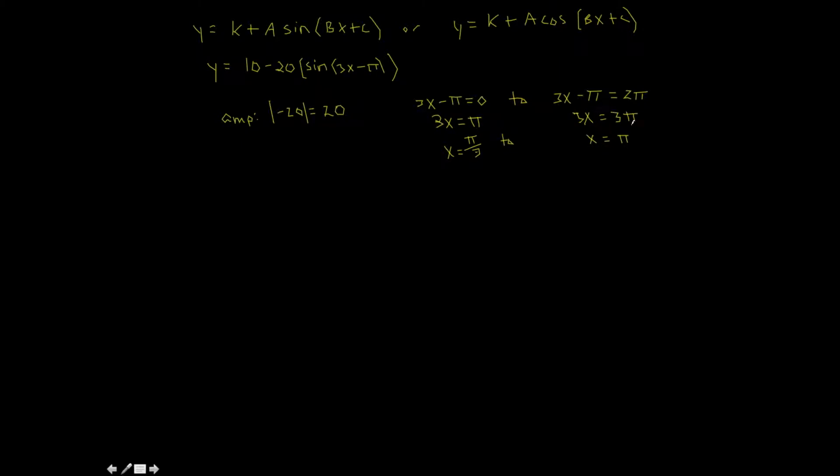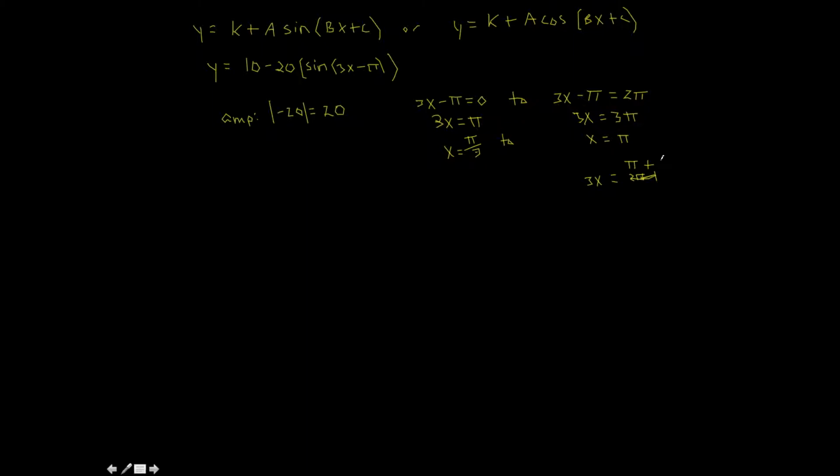Okay, so now think about what this is. We solved it all the way out, but we got to be careful about this, because what is my period here? Well, it's kind of hard to see. Remember what I told you earlier. Don't go ahead and subtract all this out yet. We need to leave it separated. So really what you should have done with this is you should have written it as 3x equals pi plus 2 pi.